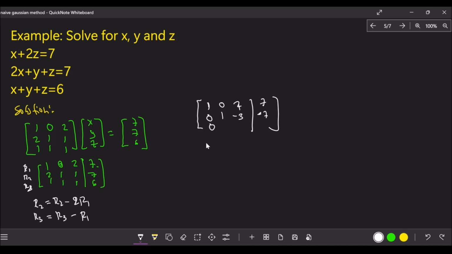Okay. Then 1 minus 0 is 1. Then 1 minus 2 is negative 2. And 6 minus 7 is negative 1.